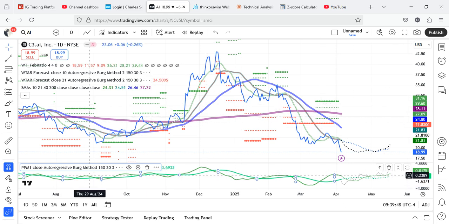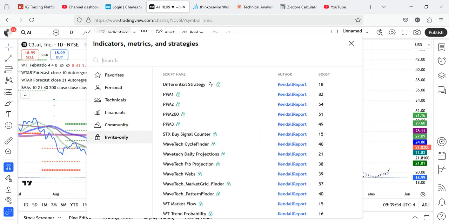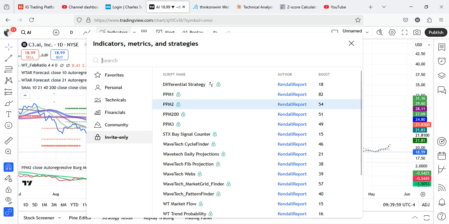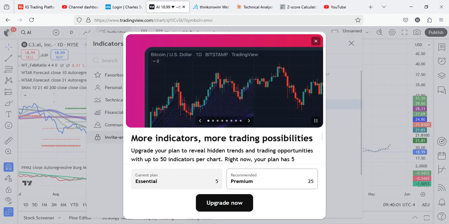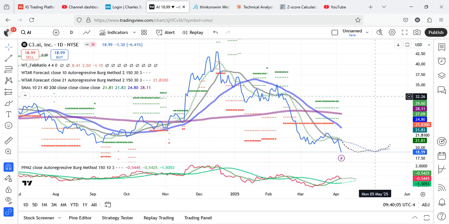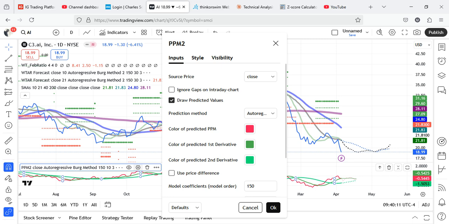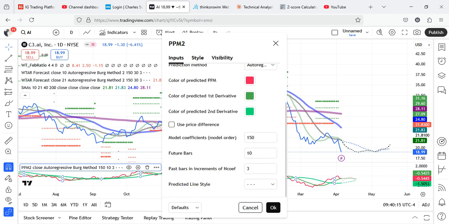So let's have a look at that of the 21-day moving average. We have to adjust this as well to give us future bars of 30. Right now we have 10.